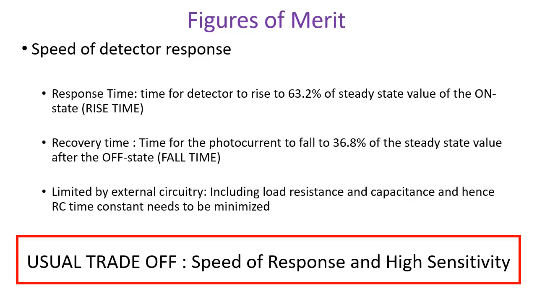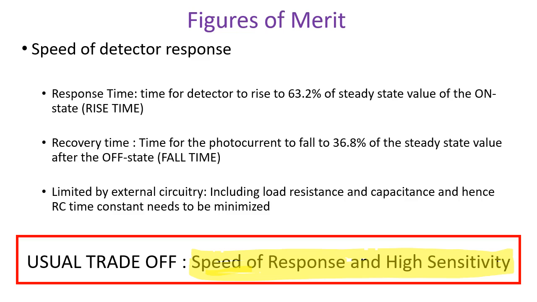And one important caveat is that the speed of response and the sensitivity are always going to be two characteristics that cannot both be satisfied simultaneously. You need to choose one over the other. Either you choose the speed of response and hence compromise on sensitivity, or the other way around, you want high sensitivity.